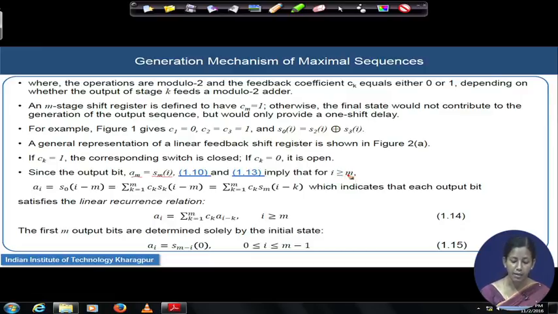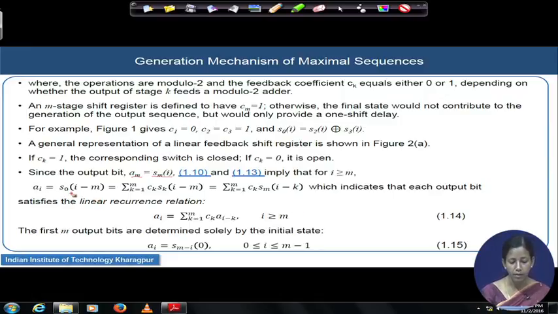When i is less than or equal to m, you are basically getting the values which were stored in the initial situation. So one by one the initial values will first come out. When the number of clock pulses crosses the number of stages involved in the design, whatever the last value stored at the last memory stage is will come out.